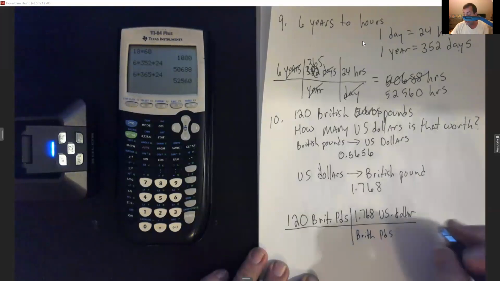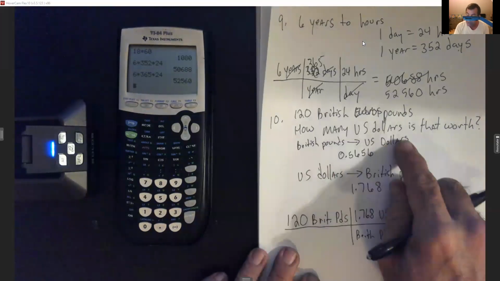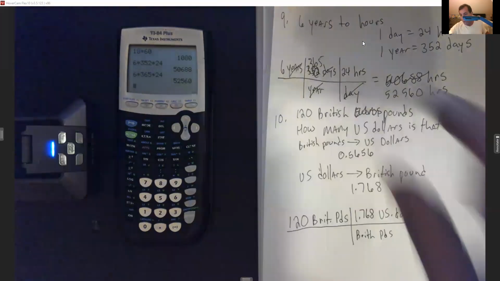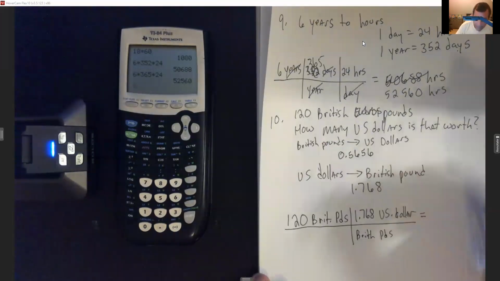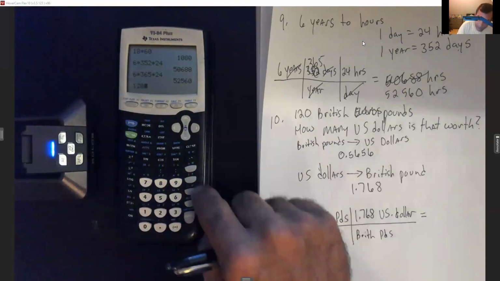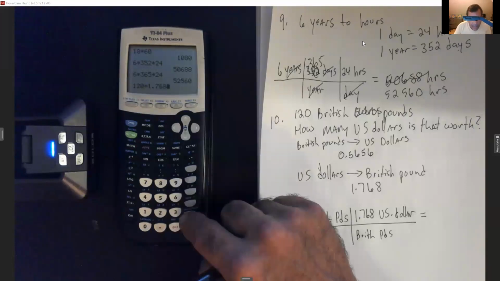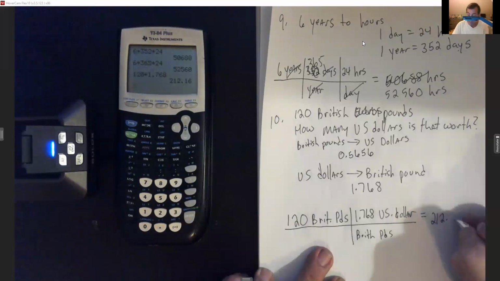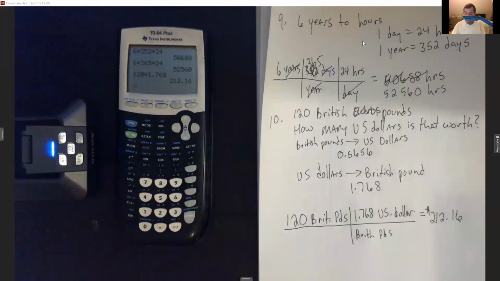Now, if you had dollars and wanted to go to pounds, you would use this one up here where you canceled out the dollars and you had the 0.0565 with the British pounds on top, okay? So you got to be careful. Which way am I going? So let's see what that gives us. 120 times 1.768 should give me about $212.16. So that's not bad, right? I get 212 out of 120 British pounds.